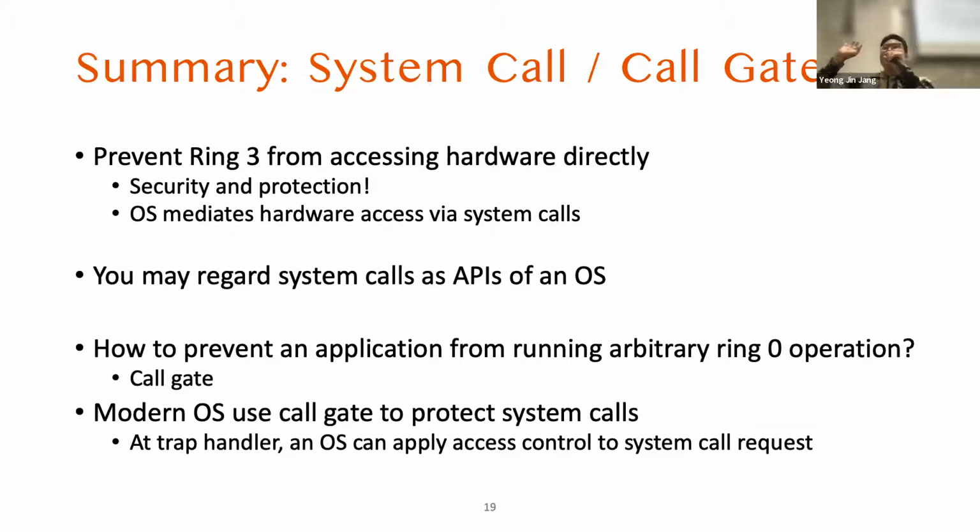We only want the system to allow the correct API points as entries, not arbitrary function calls. To enable that, we implemented the call gate design. All the system calls need to gather on a single point, and then in ring 0, we can apply the check to decide whether to reject or approve the request to the system.